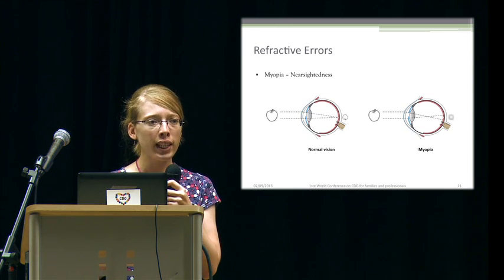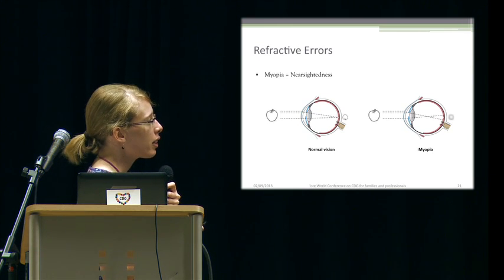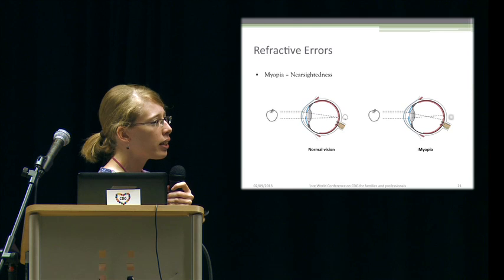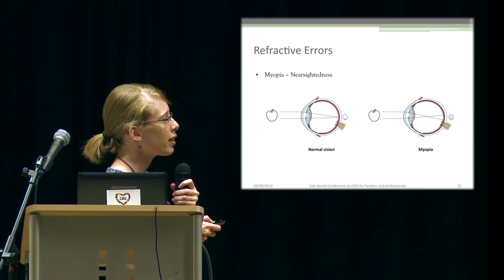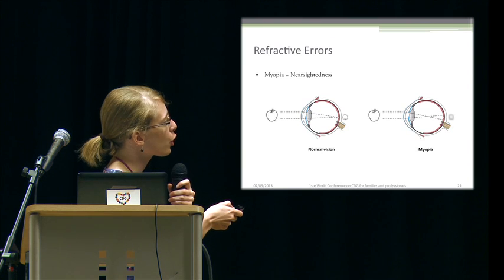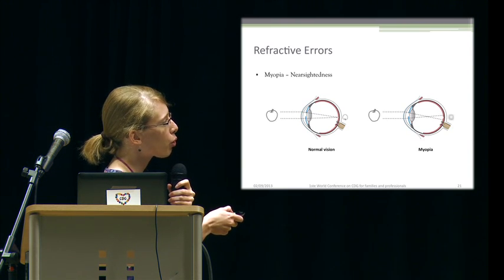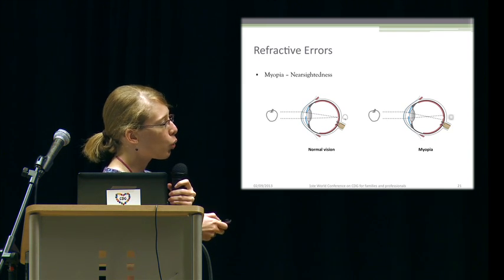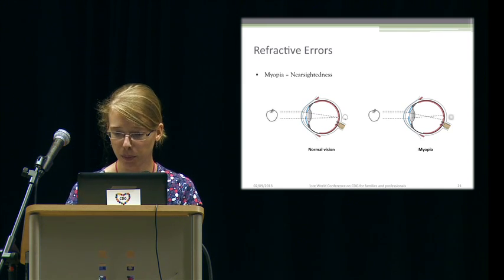Now, when we are looking at a patient with nearsightedness, the eyeball is actually somewhat too long, so that the picture of the apple is not projected onto the retina, but at a point in front of the retina, and only a blurred little picture will be perceived by us.